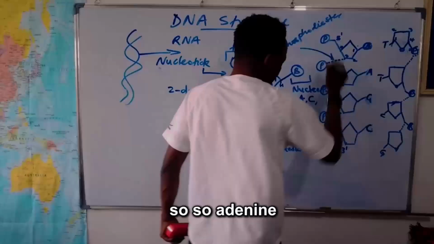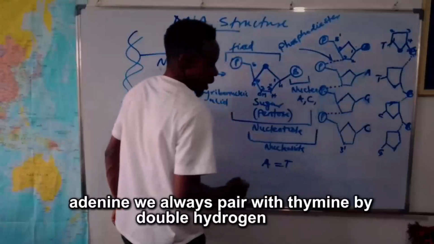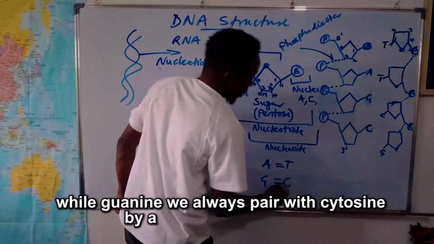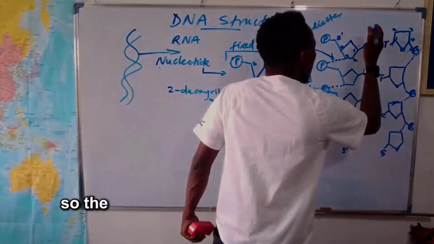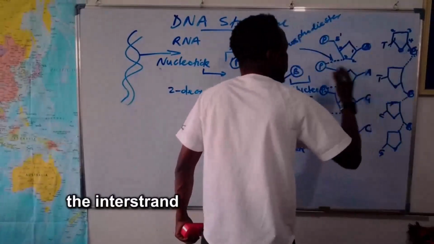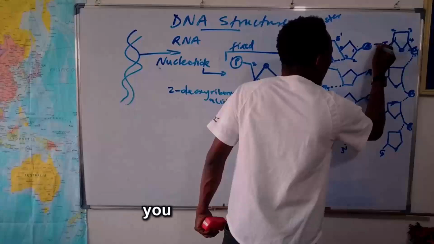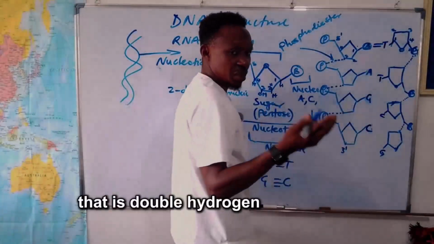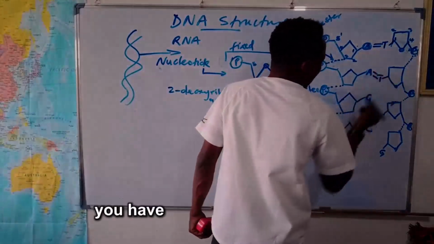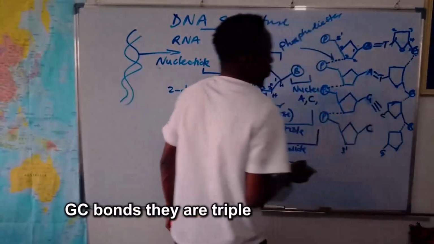So adenine we always pair with thymine by double hydrogen bonds, while guanine we always pair with cytosine by triple hydrogen bonds. The bonds that hold this strand and the other strand together, the inter-strand bonds, are hydrogen bonds. Between adenine and thymine you have double hydrogen bonds, and between guanine and cytosine you have triple hydrogen bonds.